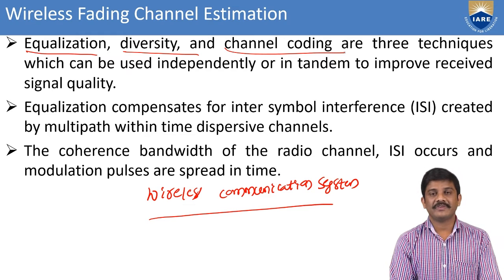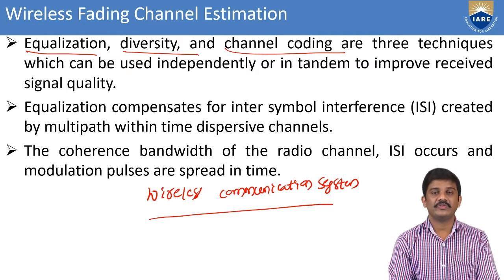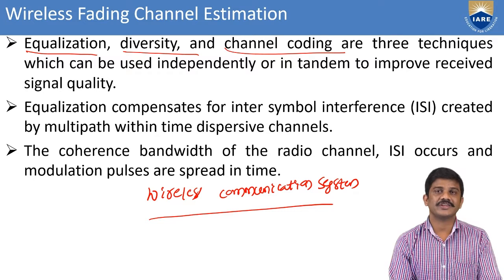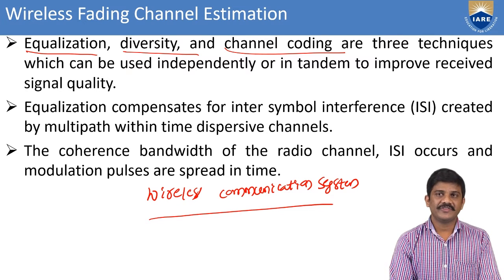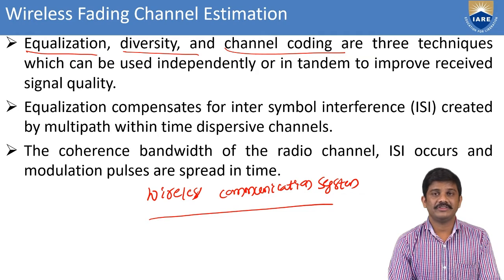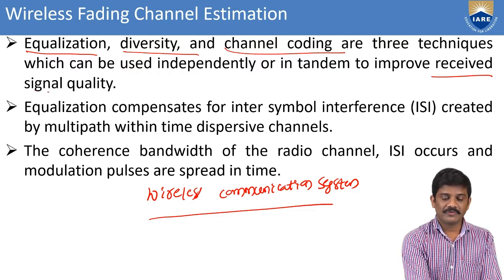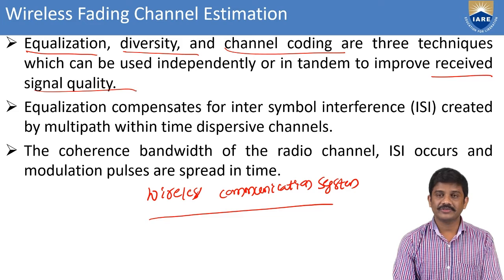These are the main factors for the wireless communication system. These are the three techniques that are used independently to improve the received signal quality.